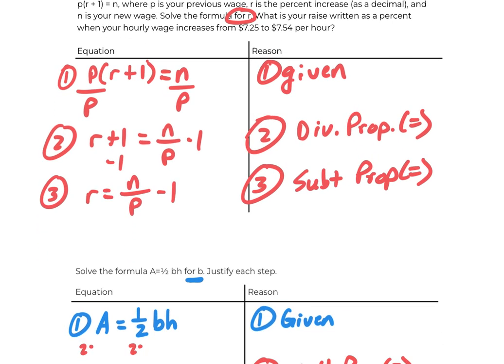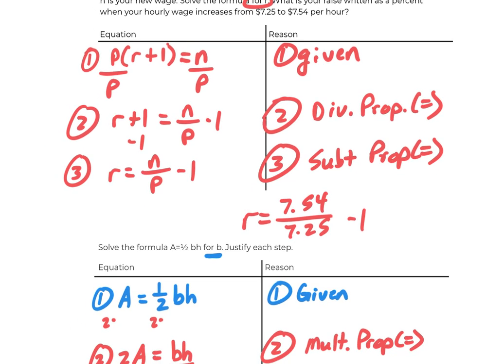So here's what we're going to have to do. The new rate is $7.54. The old rate, or previous rate, is $7.25. Minus 1. So let's take 754 divided by 725 and then subtract 1.